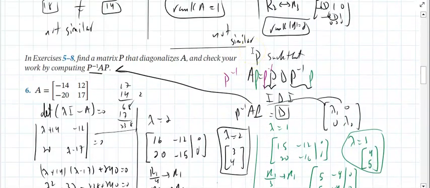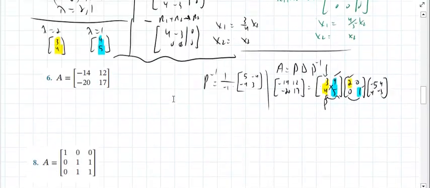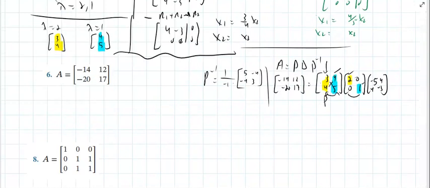But they're asking us to find P that diagonalizes A. P inverse A. Well, we're claiming that P inverse is right there.